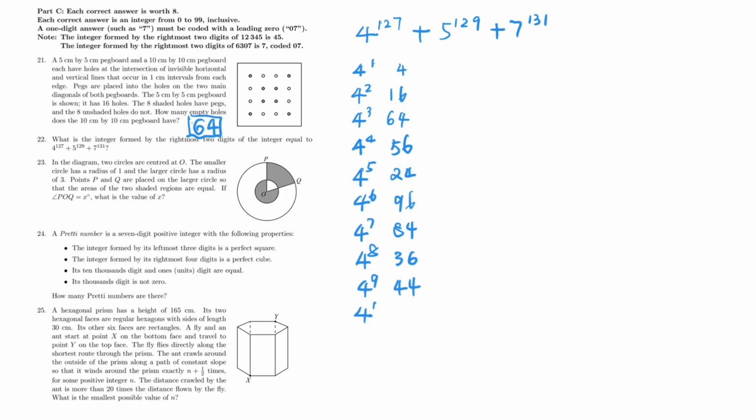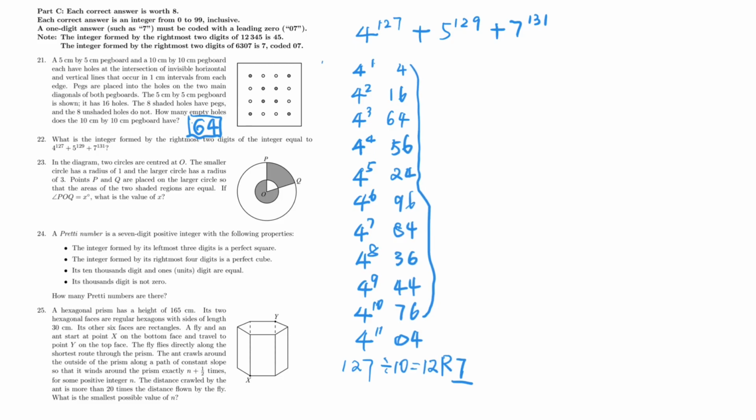4 to power 9, last 2 digits, that's 44. 4 to power 10, that's 76. 4 to power 11, that's 04. So now we find that every 10 numbers, it repeats. 4 to power 127, we use 127 divided by 10, that's 12, remainder 7.